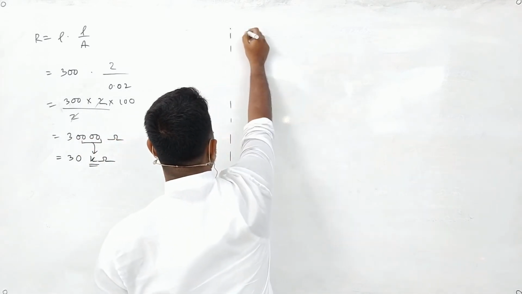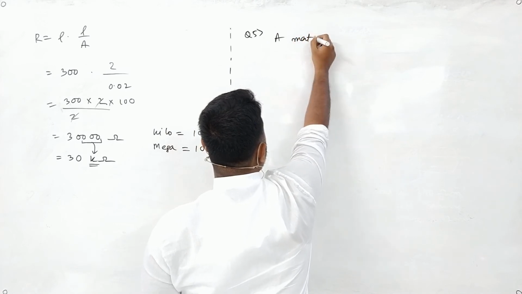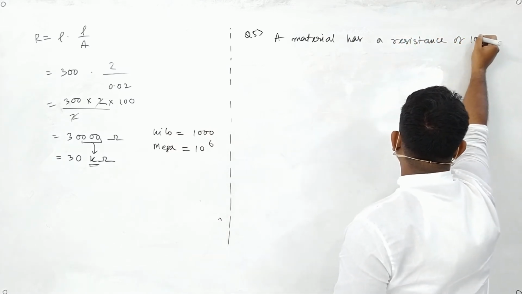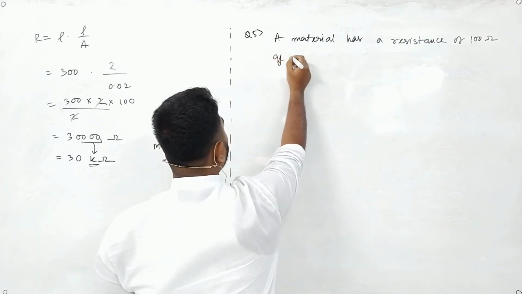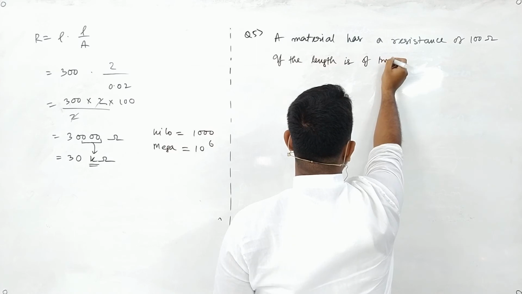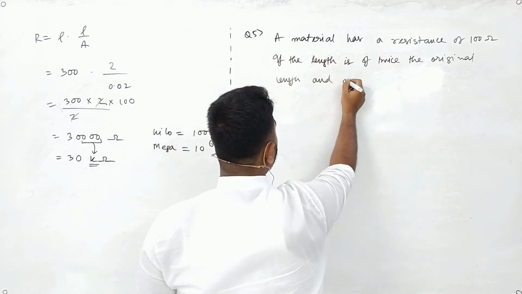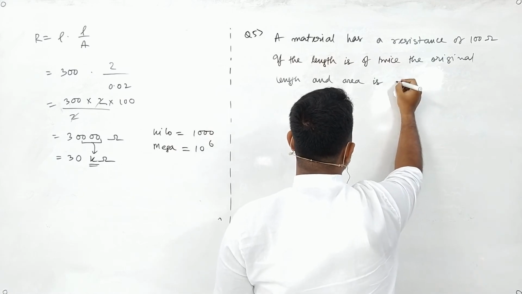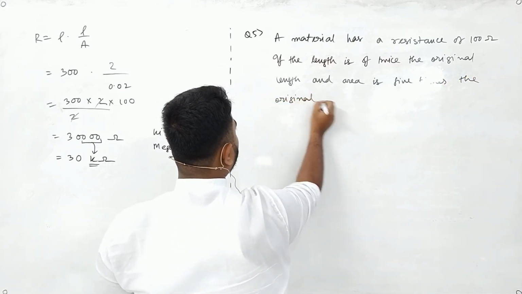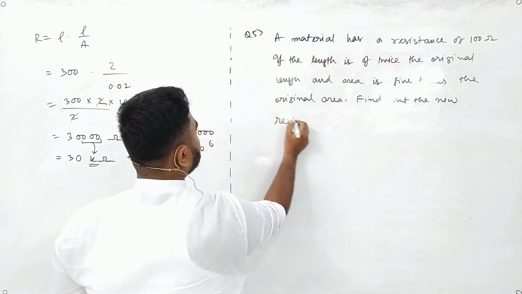Now let us do the next question. Question 5 states that a material has a resistance of 100 ohm, if the length is twice the original length, and area is 5 times the original area, find out the new resistance.